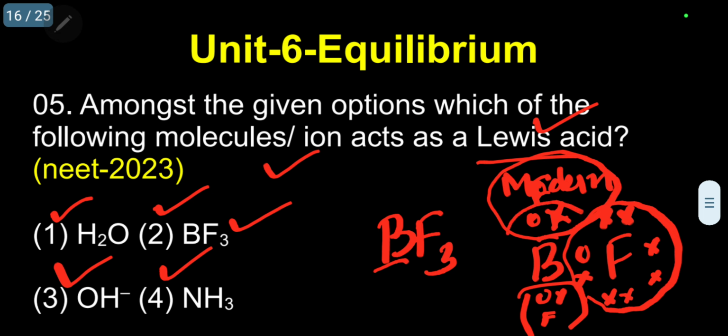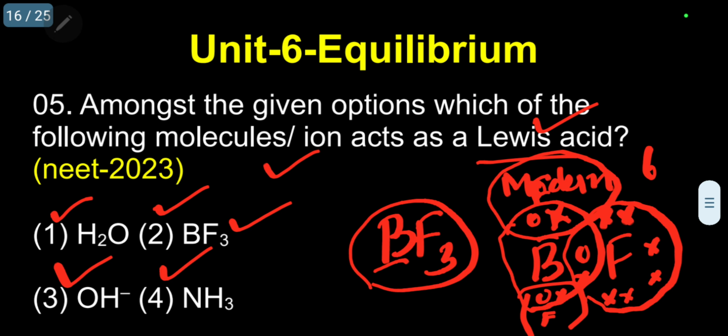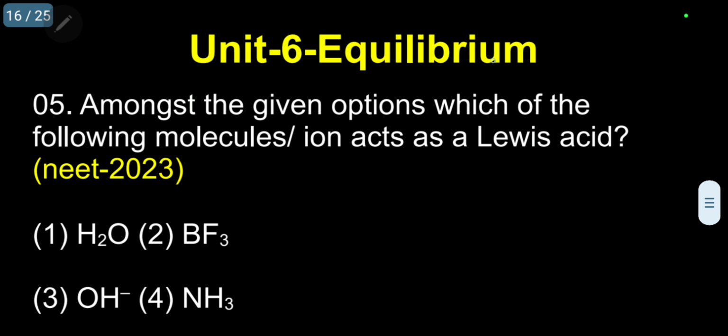But if you take the boron, only 6 electrons are there. So electrons are insufficient, so it will act as a Lewis acid.